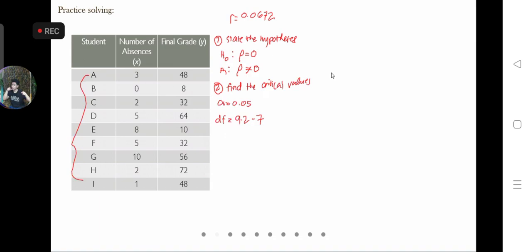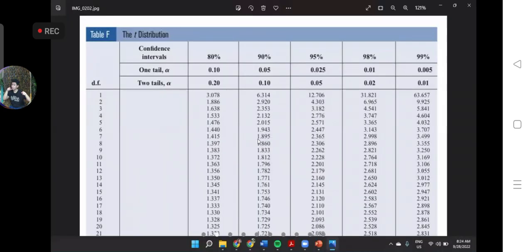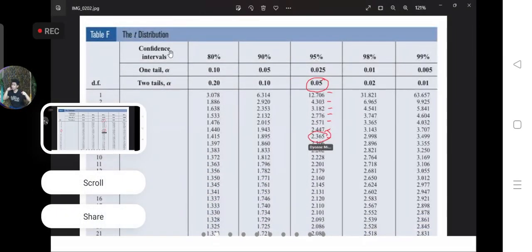Going back to our table, our degrees of freedom is 7, and 0.05 is our significance level for two-tailed. So 1, 2, 3, 4, 5, 6, 7. Our critical values are plus or minus 2.365.